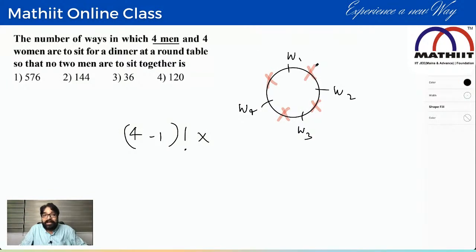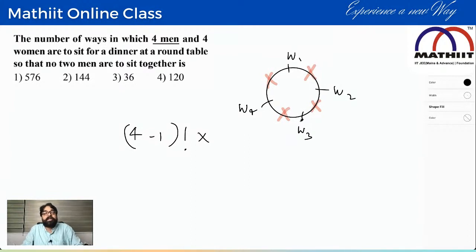Now numbering is there, because each has a specific position between W1, W2. I'm counting 1, 2, 3, 4. You'll say, sir, I can count 1, 2, 3, 4 like this also. Yes, you can, but this one and this one are different. This is between W1, W2. This is between W2, W3.